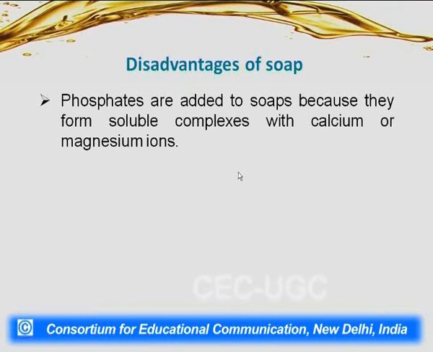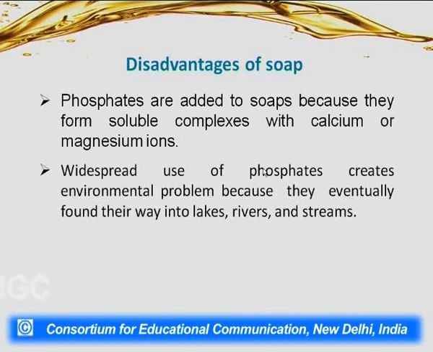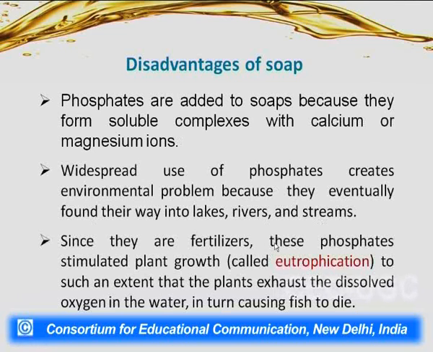Then another disadvantage of the soap is that we add certain phosphates to them. The phosphates are added so that they can form complexes with calcium and magnesium ions, and soaps can be used in hard water also. But these phosphates are washed out to rivers or lakes or water bodies, and they act as fertilizer there.